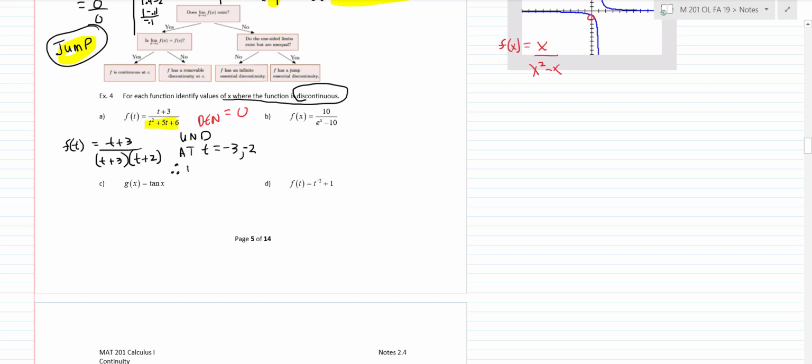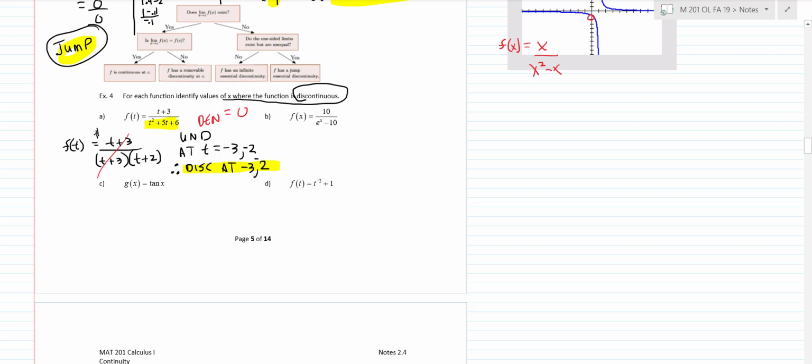So therefore, we would say we're discontinuous at negative 3 and negative 2. Now notice I didn't worry about the cancellation there. Sometimes students will cancel that out, and then they think that it's only discontinuous at negative 2. But it isn't. It's discontinuous at negative 3.